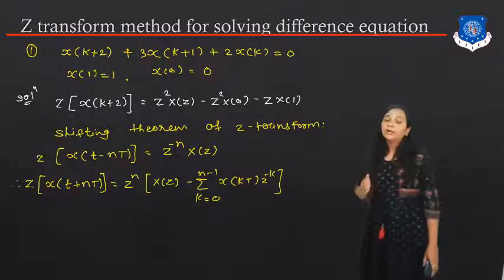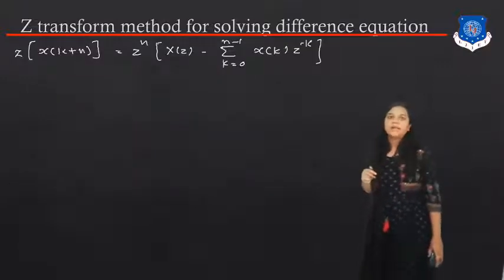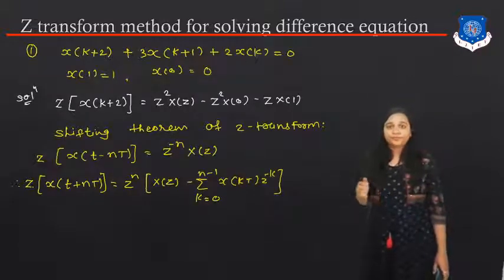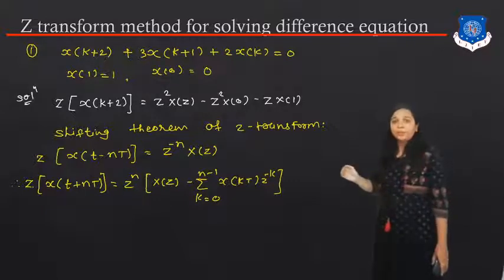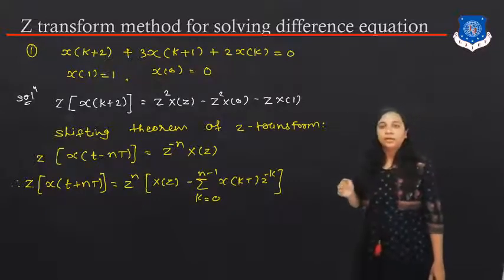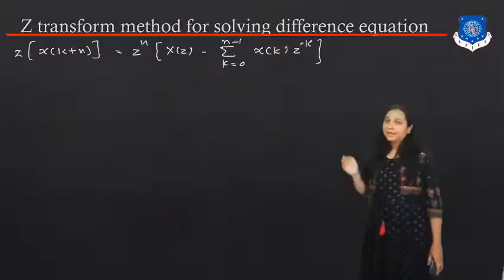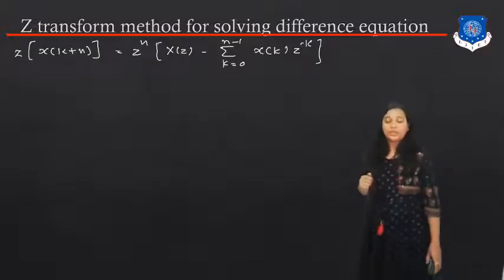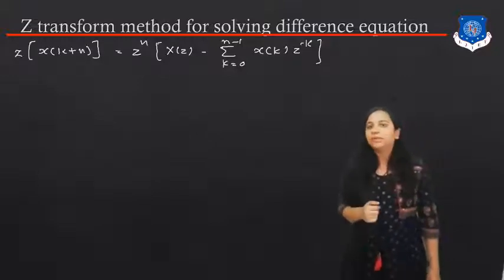We have considered the sampling time T equal to 1 second, so we can replace T with 1. So here it is x(k) z raised to minus k, bracket completed.